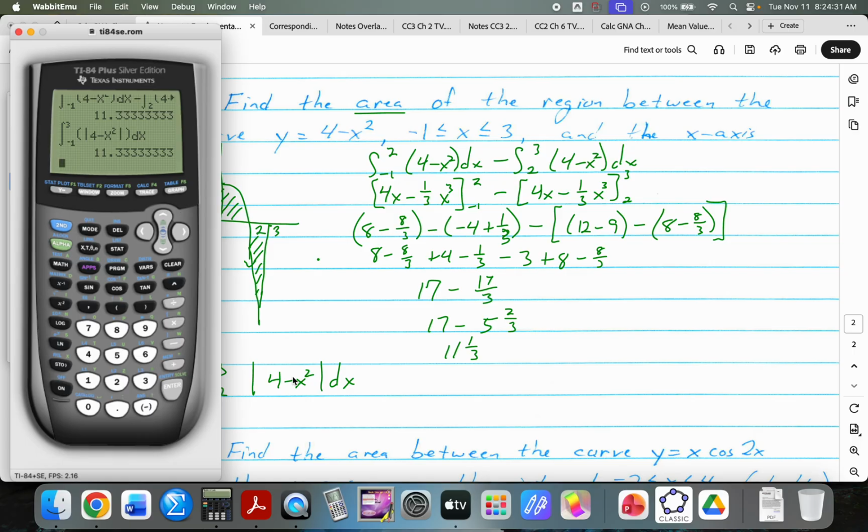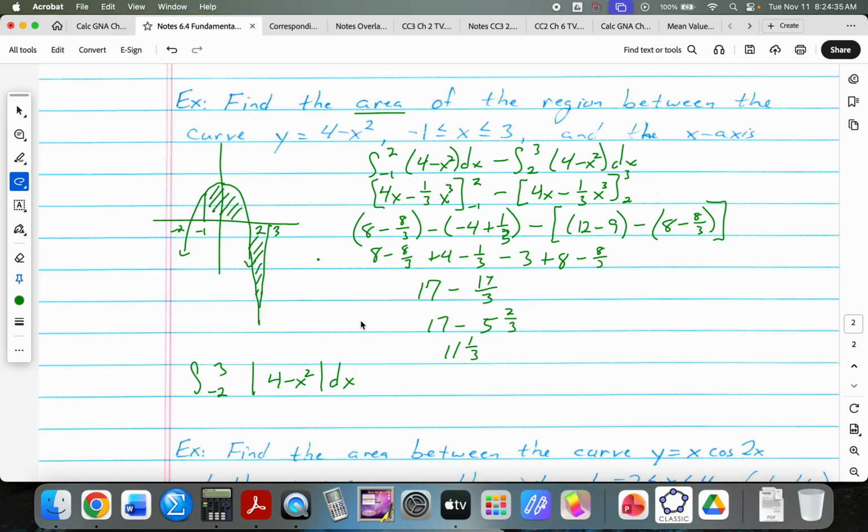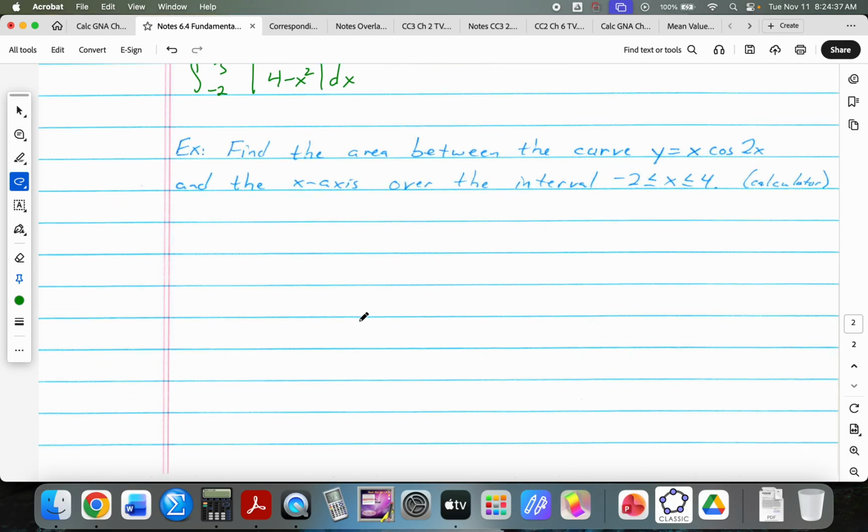Okay? All right, let's do one more. Find the area between the curve y equals x cosine 2x and the x-axis over the interval from -2 to 4. And it says that you can use a calculator for that.